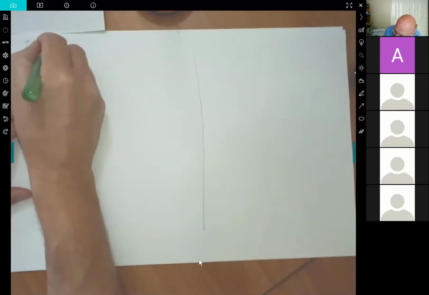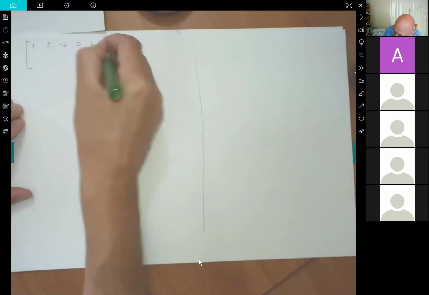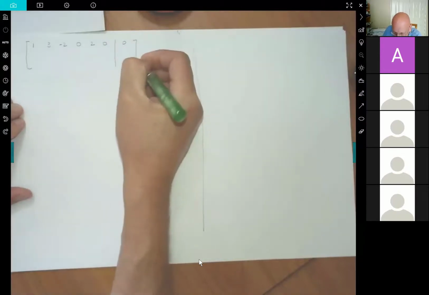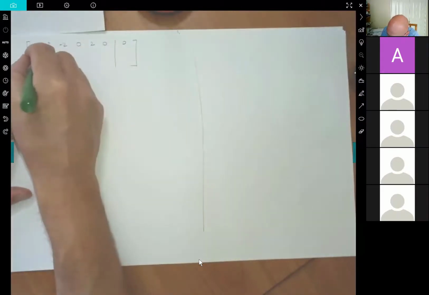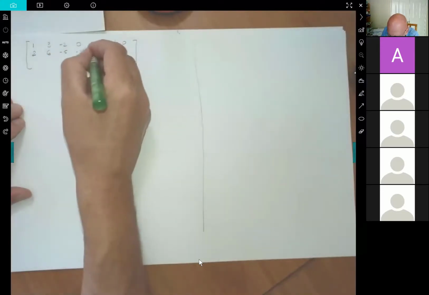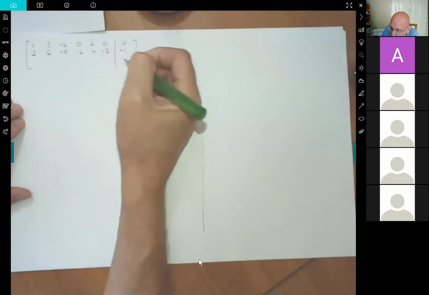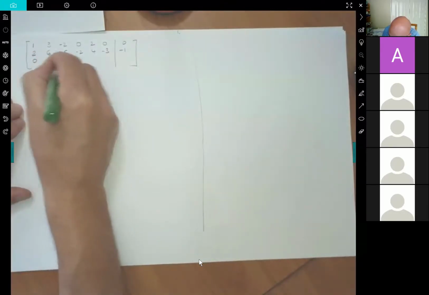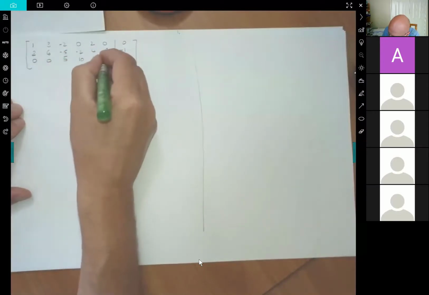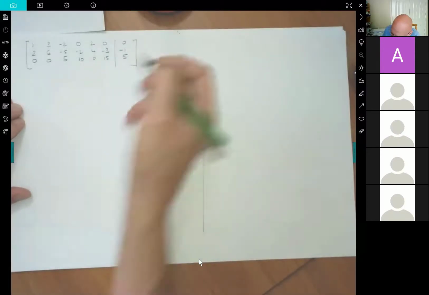So 1, 3, -2, 0, 2, 0, right-hand side 0. Then we have 2, 6, -5, -2, 4, -3, -1, 0, 0, 5, 10, 0, 15, and 5.